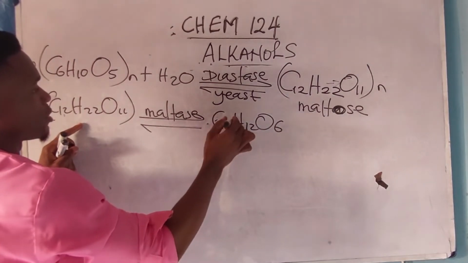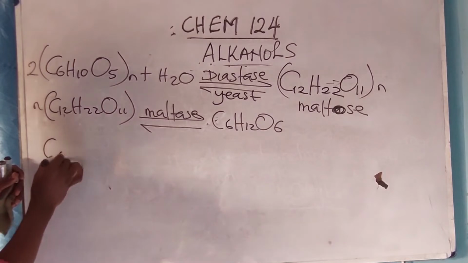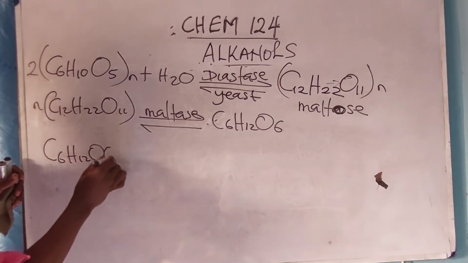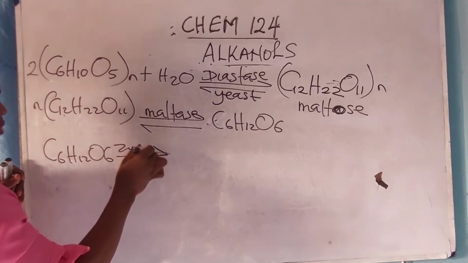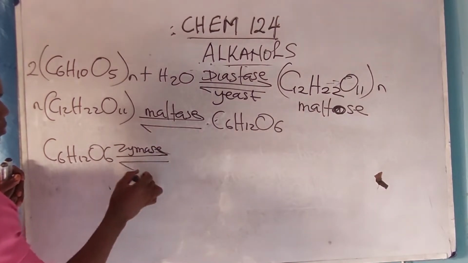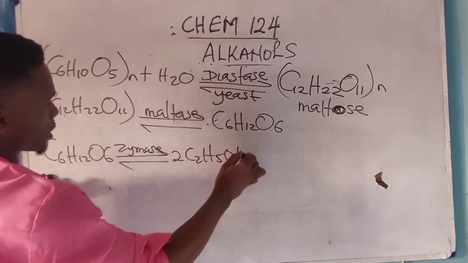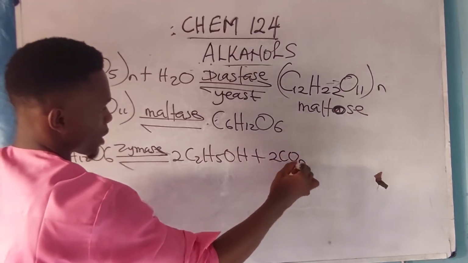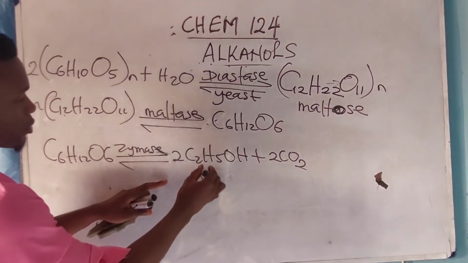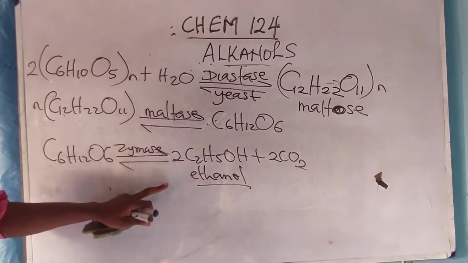Alright, this glucose is brought here, C6H12O6, in the presence of an enzyme called zymase. You now finally have ethanol and carbon(IV) oxide. Right, so this is the ethanol we've been trying to produce. Finally, it has been produced. Take note of that.